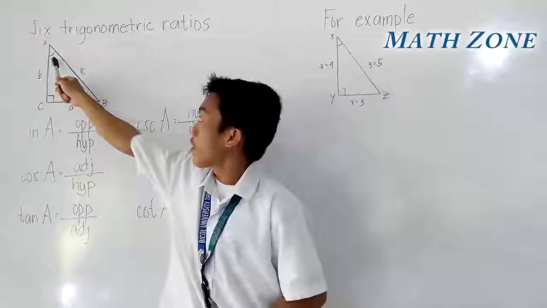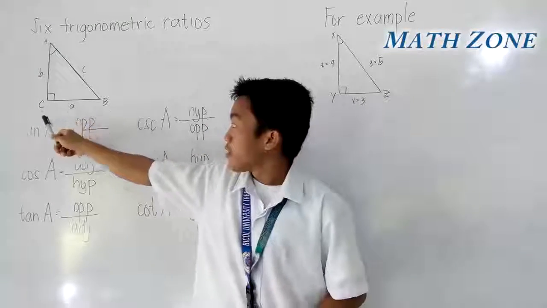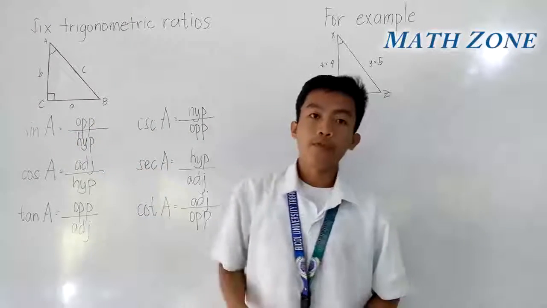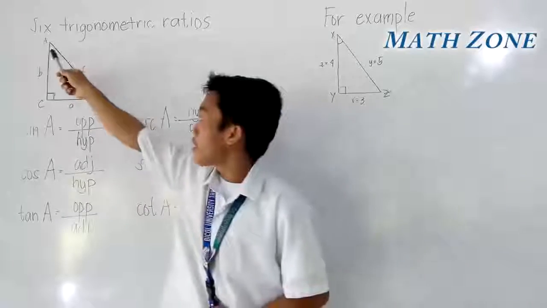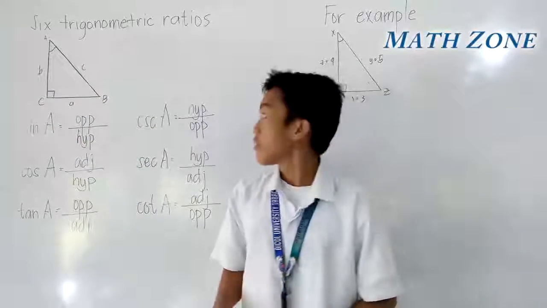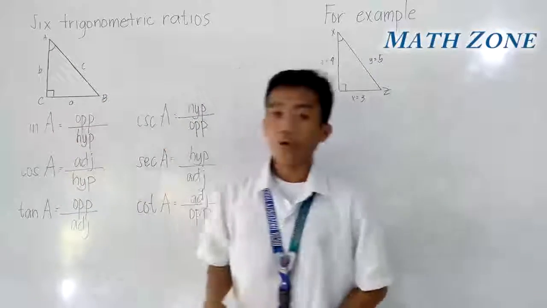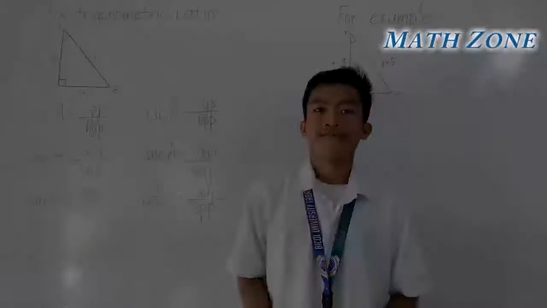In relation to angle A, line segment BC is called the opposite side, and line segment AC is called the adjacent side. Line segment AB is called the hypotenuse.